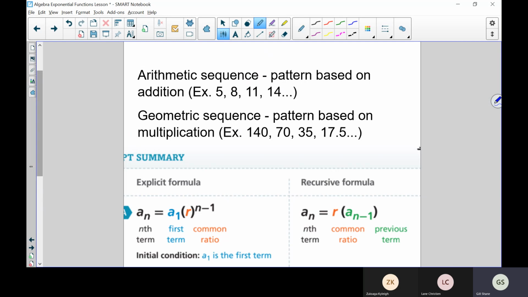What are we multiplying by to go from 140 to 70? 0.5. You just said 2 a minute ago, but 140 times 2 is 280, and you're going down. So it's 0.5, it's multiplying. He actually got one right, Tyler.